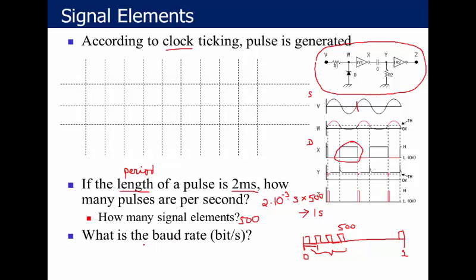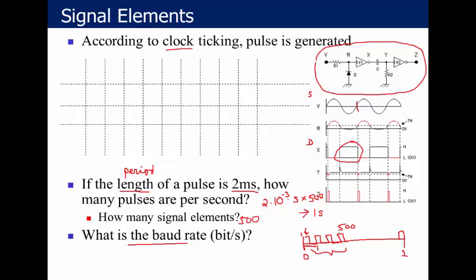But at most, what is the maximum baud rate? I can encode one data element per pulse, for example. Then 500 data elements can be transmitted. That's what we are talking about.